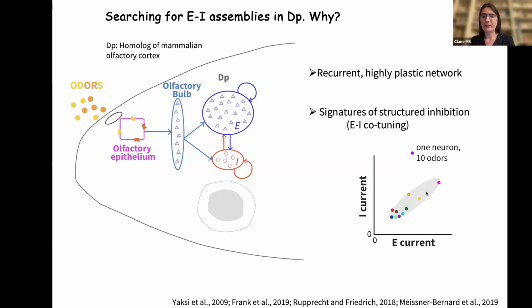So this suggests that there is some specificity in the connectivity of inhibitory neurons. I also want to briefly mention that EI co-tuning has also been observed experimentally in mammalian cortical brain areas like auditory cortex or visual cortex.